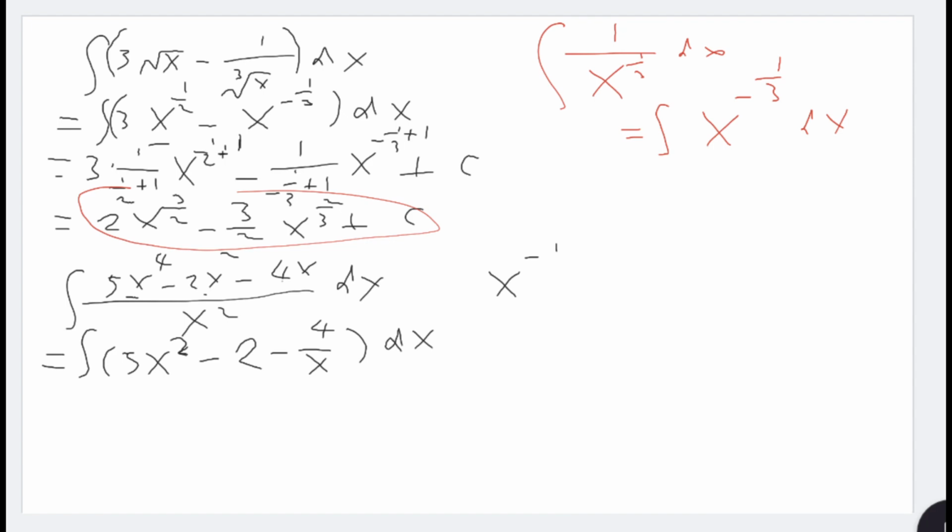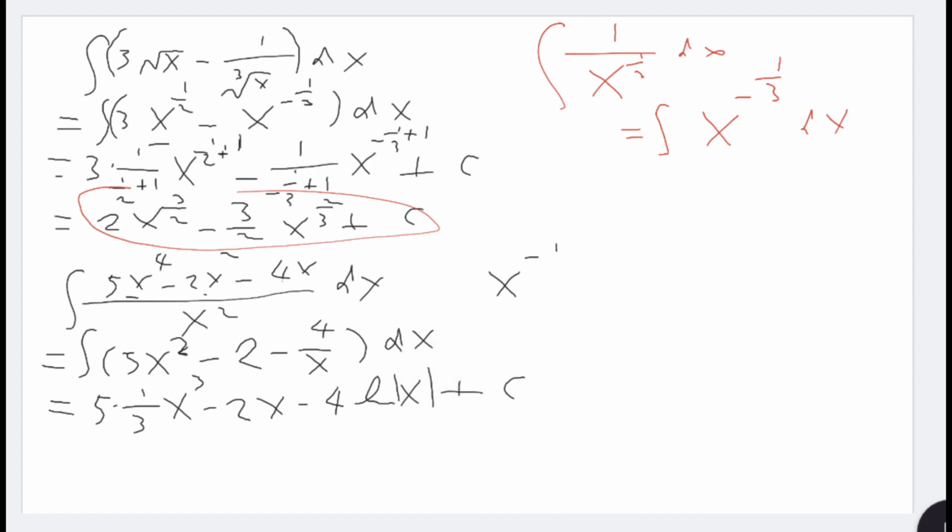Okay, and from here we just apply the appropriate formula. Copy down the 5. 1 over 2 plus 1 is 3. Constant times x. 1 over x is log. So copy down the 4 and have log plus c. Strictly speaking, we should have absolute value of x there.